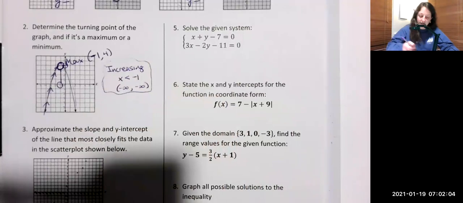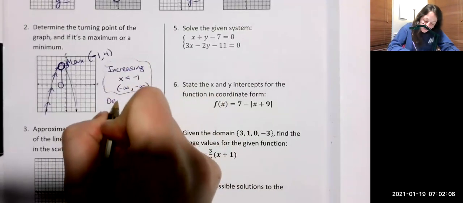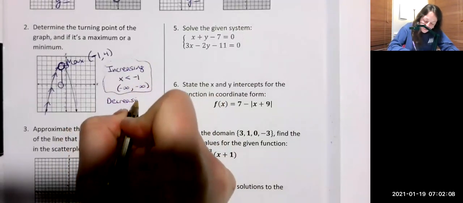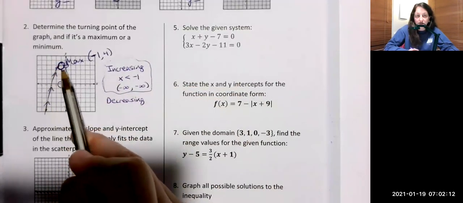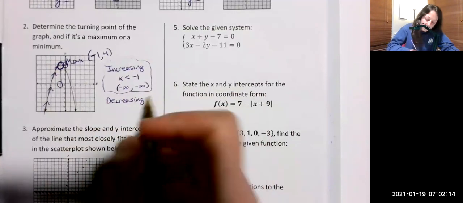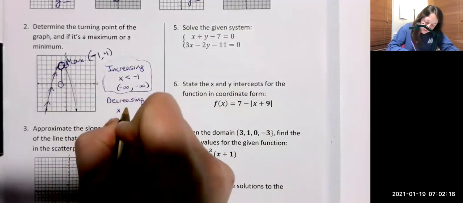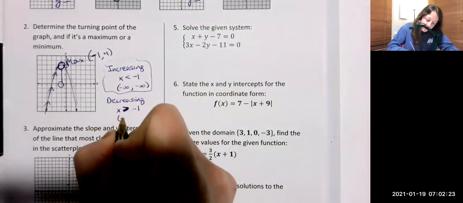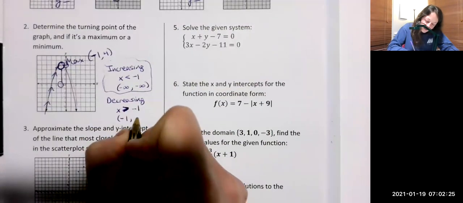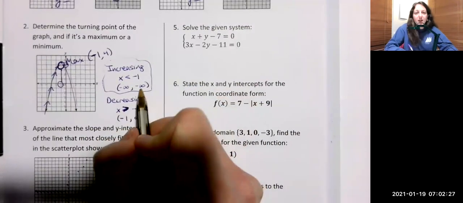The opposite of this, decreasing, is happening after the turning point, because it goes up from increasing and then it turns around and starts to decrease. So we are decreasing for x greater than -1, or you could also see it as (-1, ∞). I made an error there.